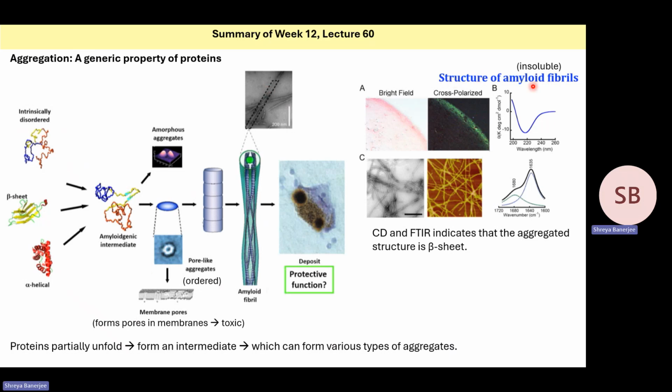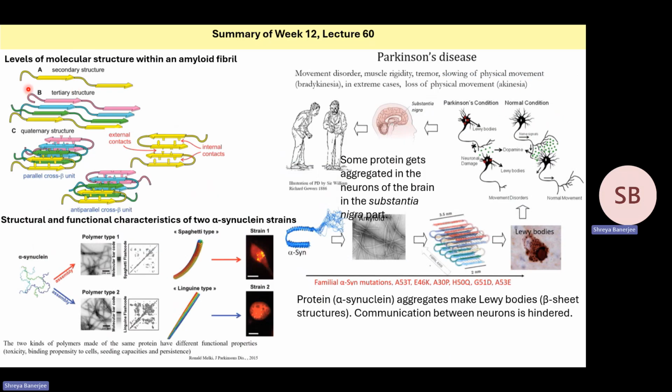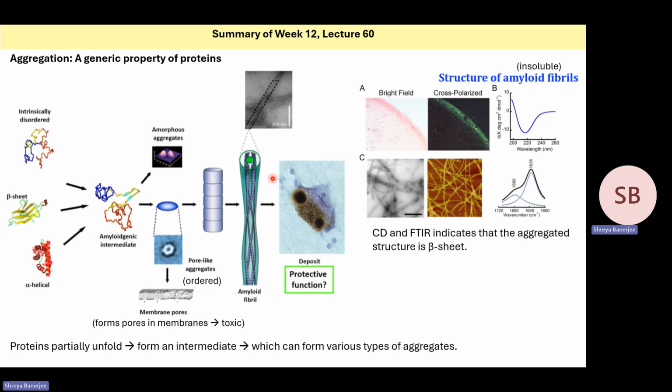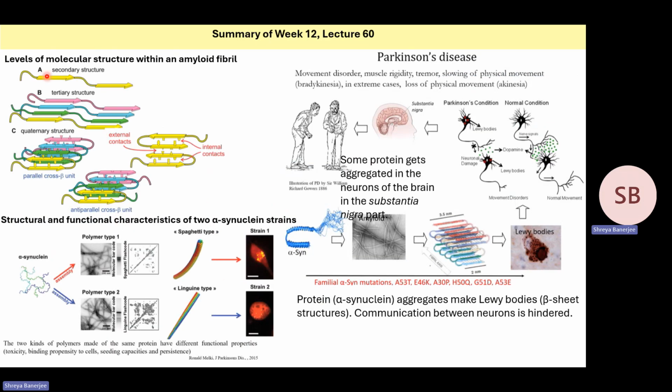We can see the structure of the amyloid fibrils. They have a fibrillar structure, and CD and FTIR show that these fibrils aggregate into beta sheet-like structures. So what we saw is that these fibers are aggregating into beta sheets. Now these beta sheets can be arranged in many different ways.